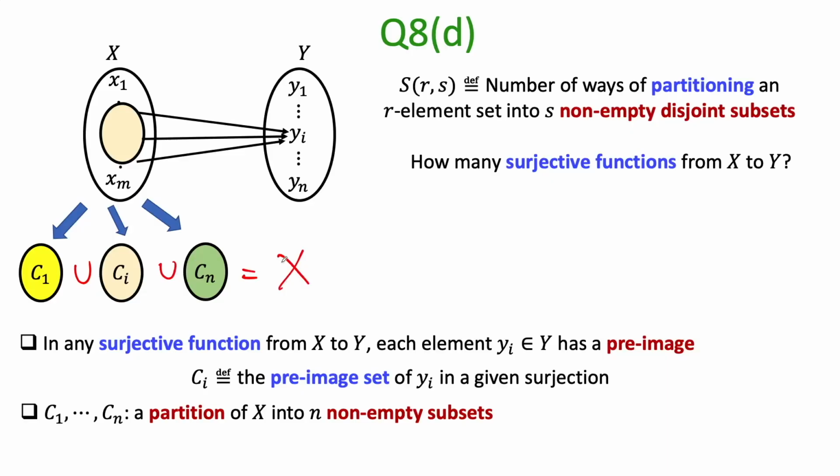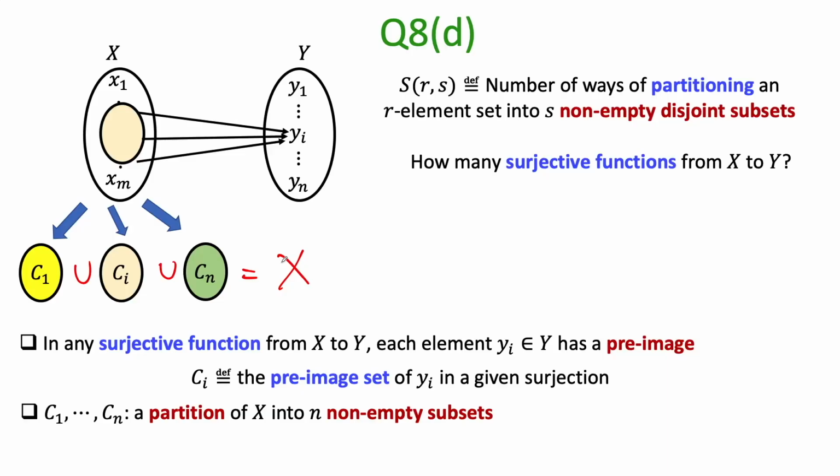Because as per the definition of a function, each element little x from the set capital X will have an image. So that's the way I can interpret any surjective function. You give me any surjective function, and if I focus on the collection of preimage sets of various elements from the codomain, that will constitute a partition of the domain set.